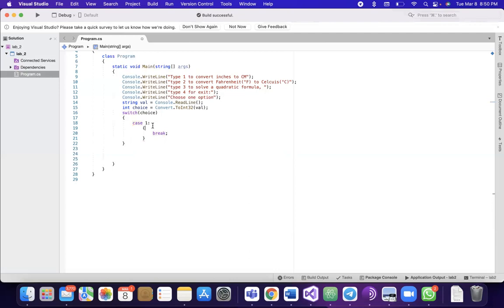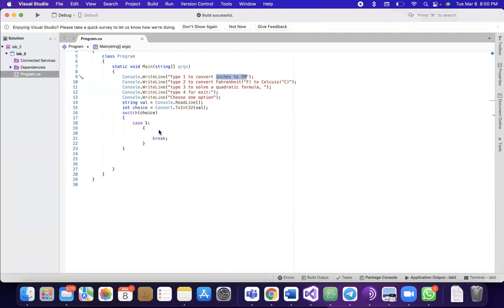So now that we have our first case set up, we can begin. They're asking us to convert inches to centimeters. So the user is going to be giving us inches.